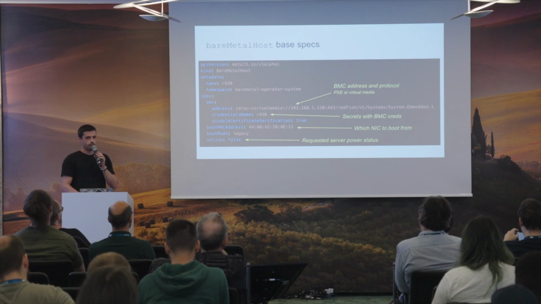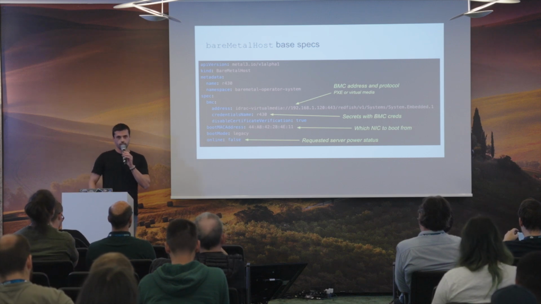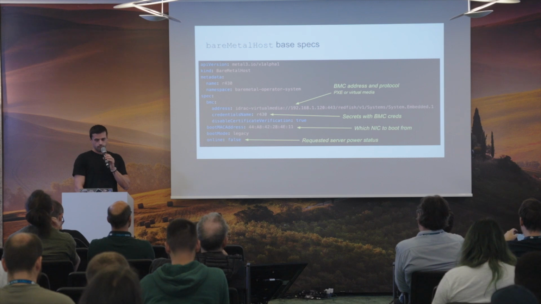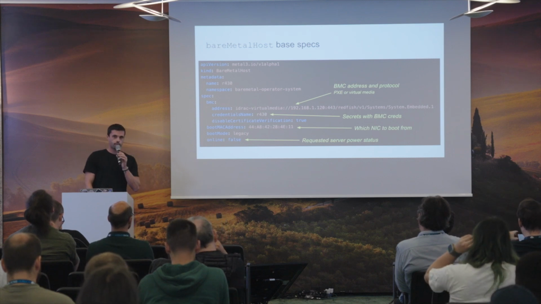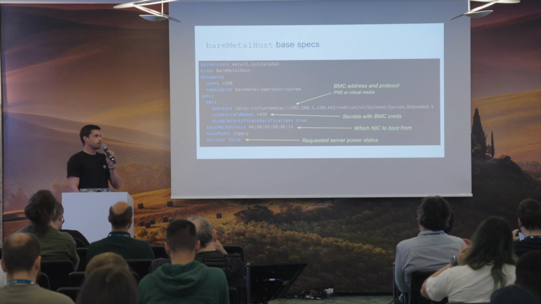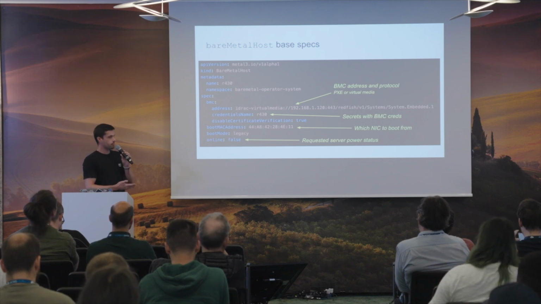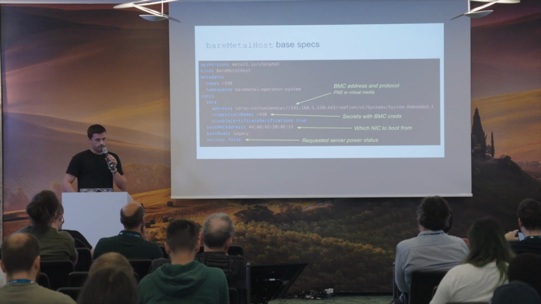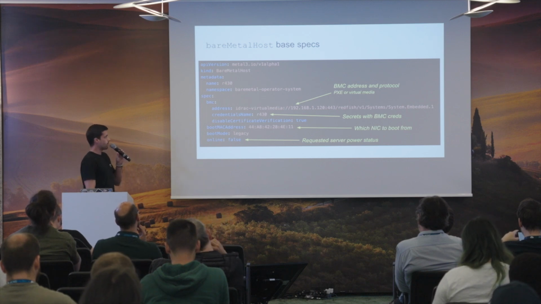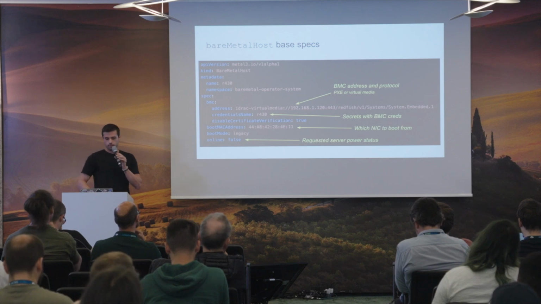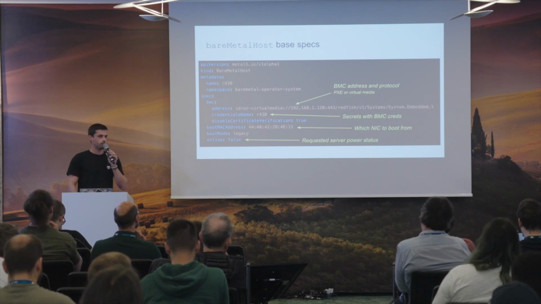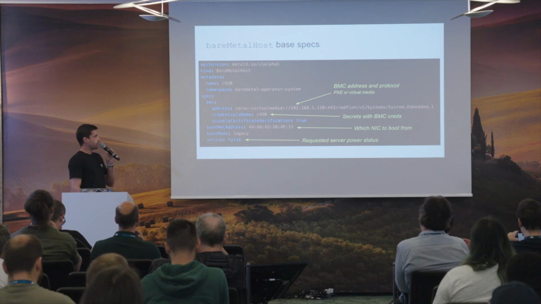And this is the base spec for a BareMetalHost. As you can see on screen, we have the IP address of our baseboard management controller, and which protocol to use. In this case, we use iDRAC, but it could be just plain Redfish, or PXE, sorry. Then we have a set of credentials in a secret, which will be the credentials of our iDRAC.